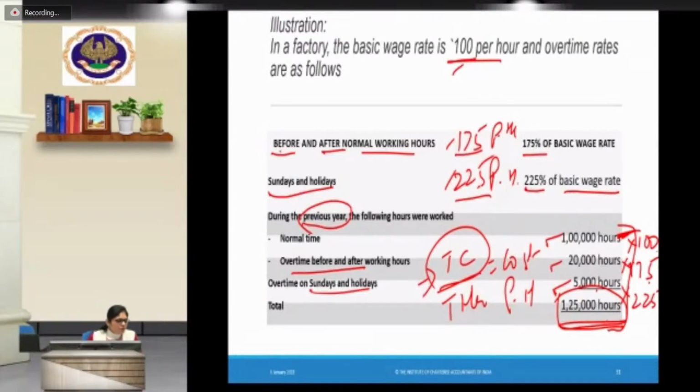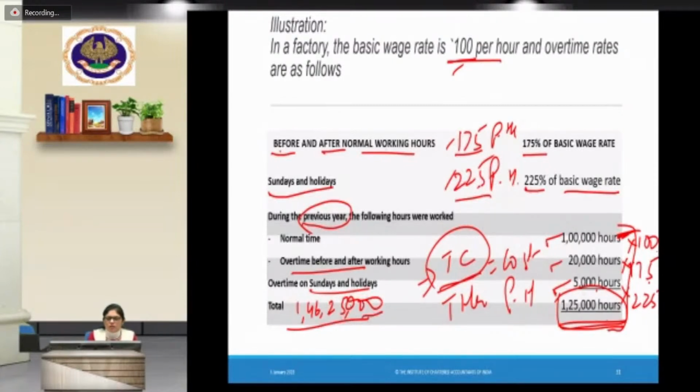Okay, 1 crore 46 lakh 25,000, who has calculated this? Okay, so one student has calculated that the total cost comes out to 1 crore 46 lakh 25,000. How has it come? 1 lakh into 100, 20,000 into 175 and 5,000 into 225.